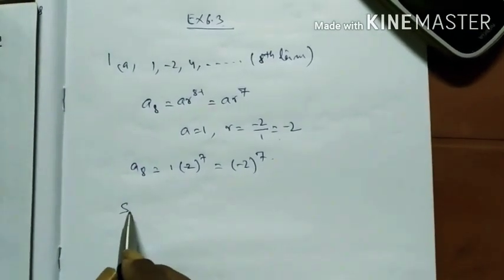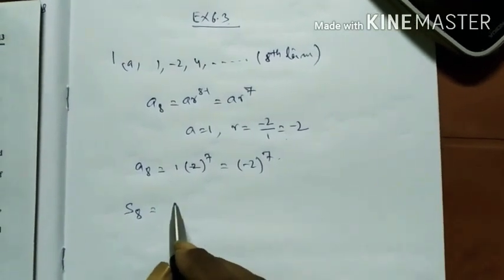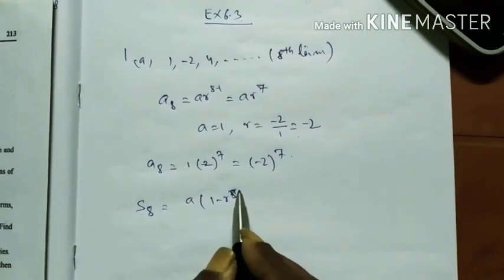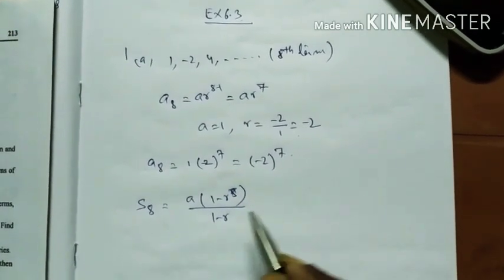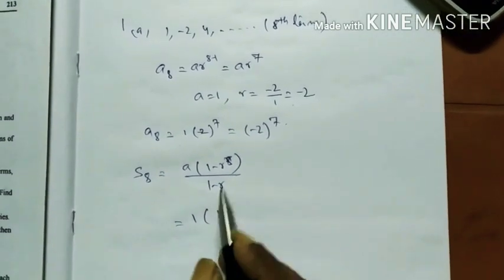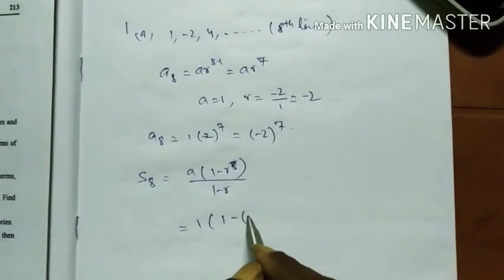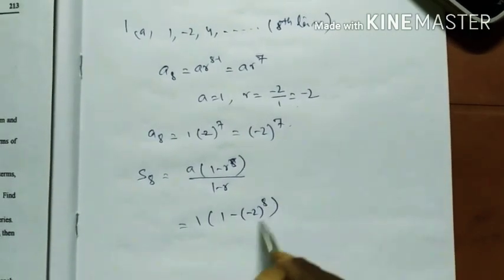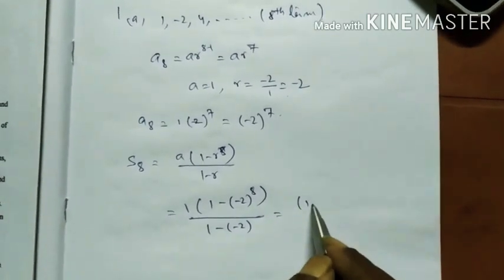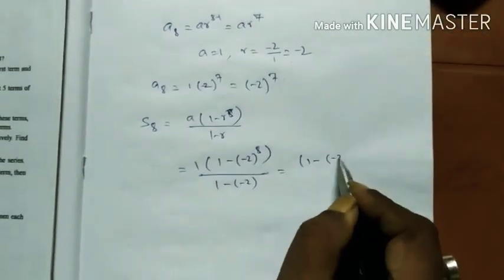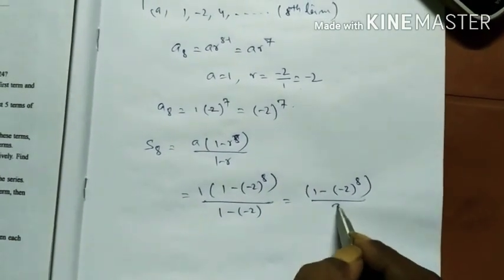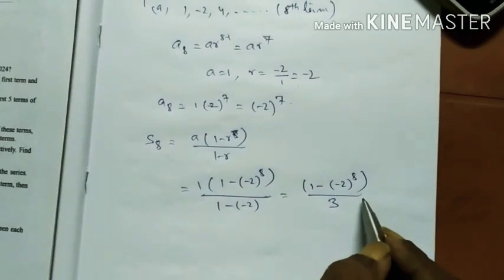And S8 is equal to A times 1 minus r to the power of 8 divided by 1 minus r. So A is 1, 1 minus minus 2 to the power of 8, over 1 minus minus 2, so 1 minus 2 to the power of 8 by 1 plus 2, that is 3. You can leave the answer here itself.